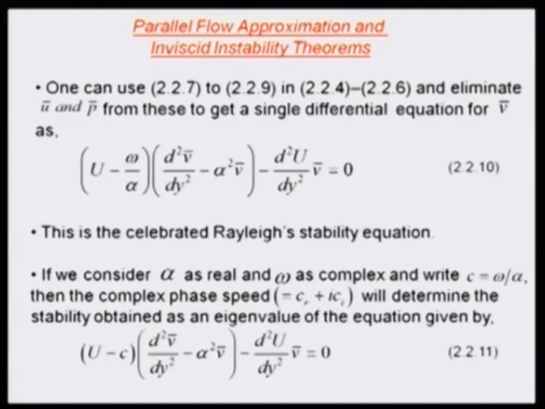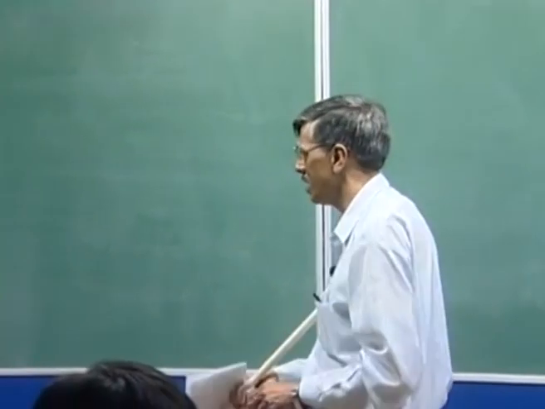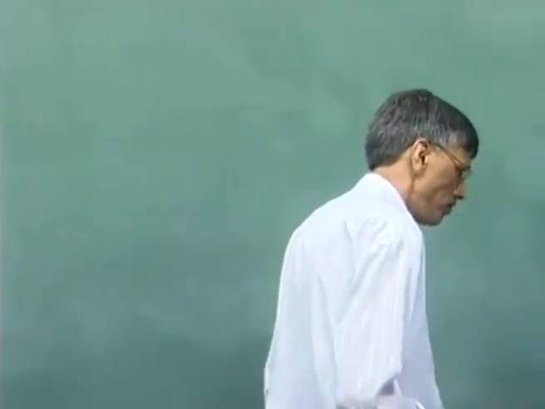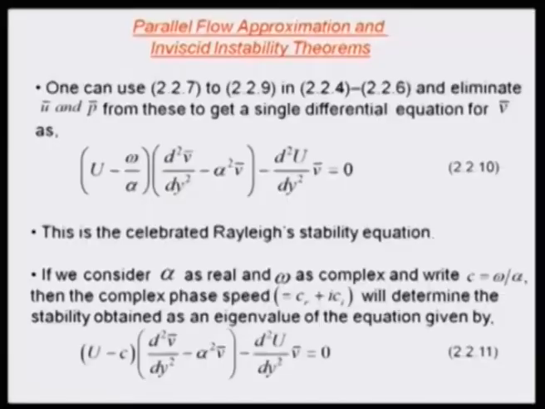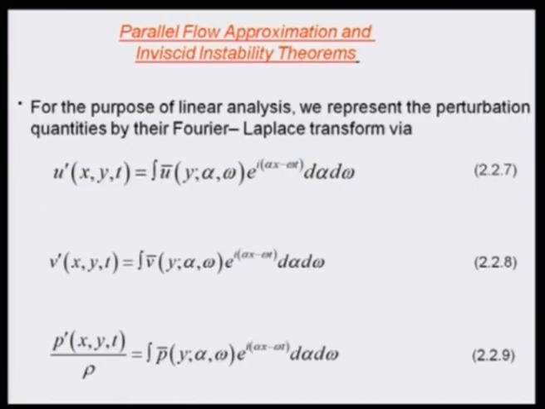So, let me just do it gently so that you understand once and for all how this process is carried out. So, let us get back to this discussion on the parallel flow approximation and inviscid instability analysis of a two-dimensional flow, and we did obtain the governing equation. Let me go back in the slide, and you can see how it was. So, we will keep that here.